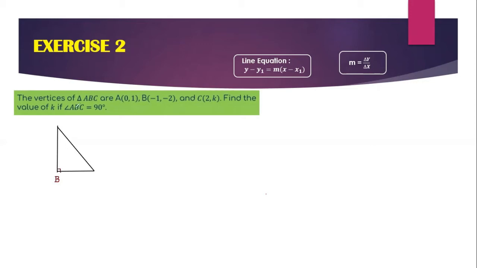The middle letter is B, so the 90 degrees is at B. Let's say this one is A, so automatically here is C. Point B is (minus 1, minus 2), A is (0, 1), and C is (2, K). Find the value of K if angle ABC is 90 degrees.